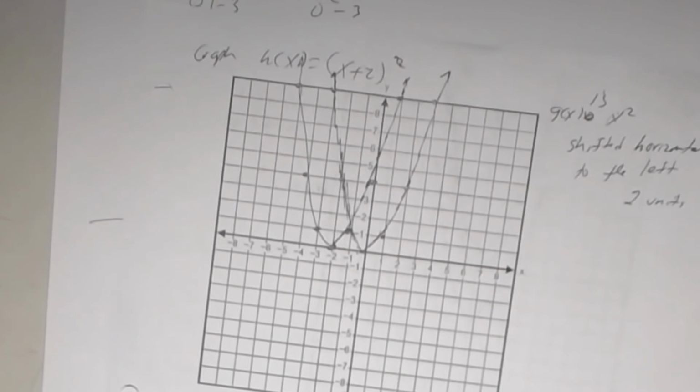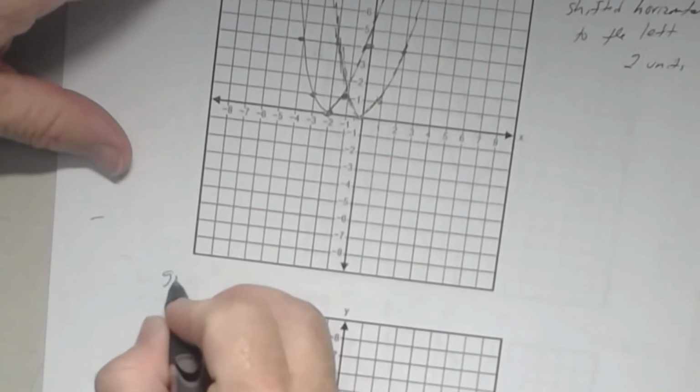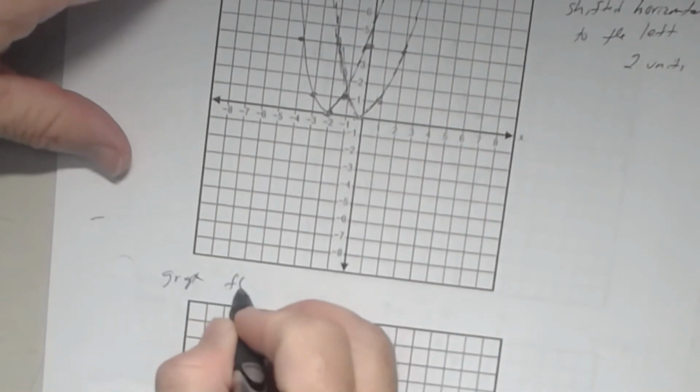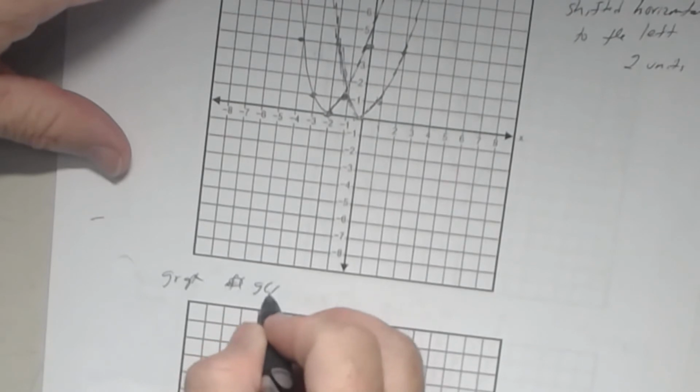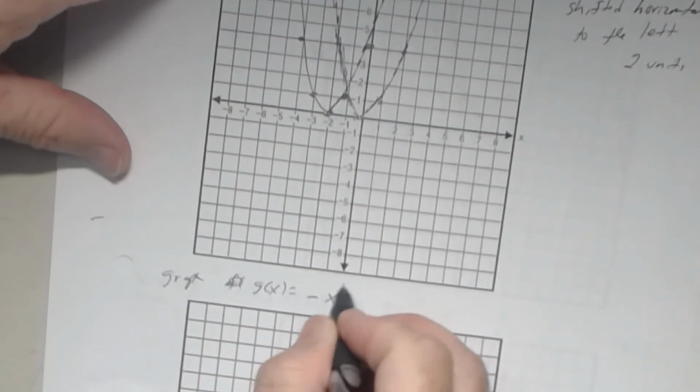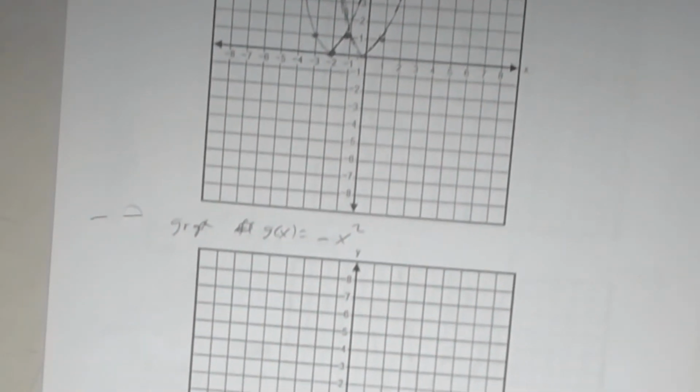Now, any questions on that? Okay. All right, let's look at this. Let's graph g of x equal negative x squared. Can we flip it?